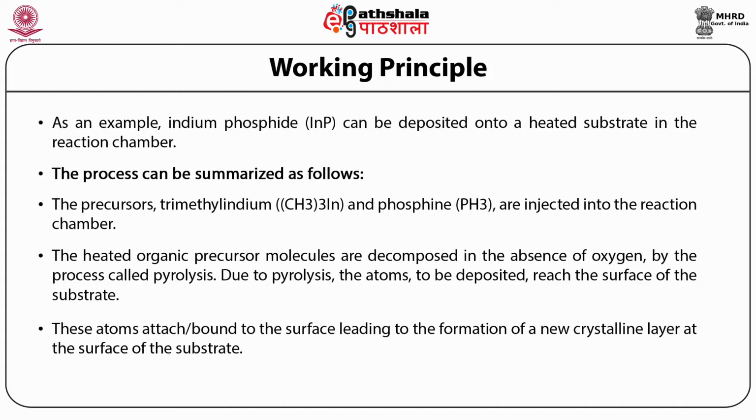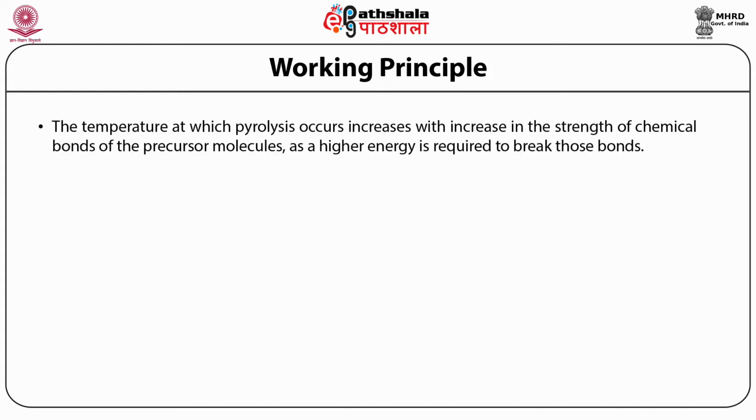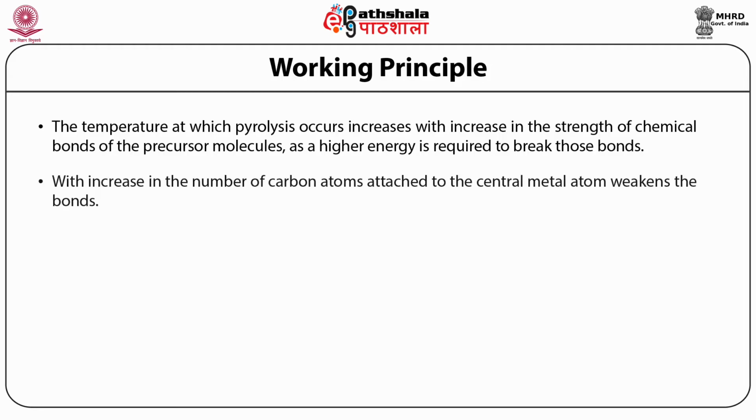The temperature at which pyrolysis occurs increases with increase in the strength of chemical bonds of the precursor molecules, as a higher energy is required to break those bonds. An increase in the number of carbon atoms attached to the central metal atom weakens the bonds.